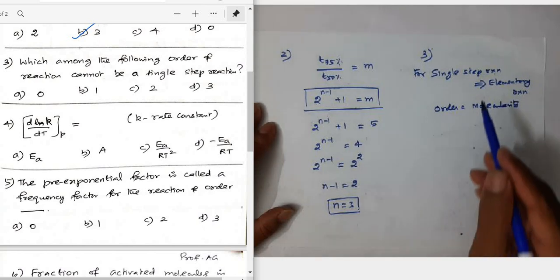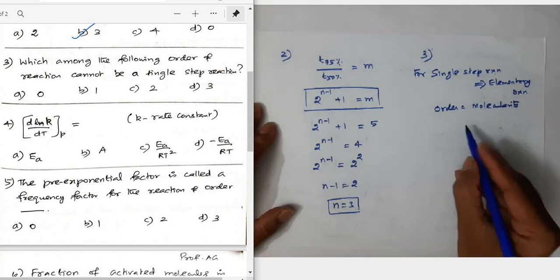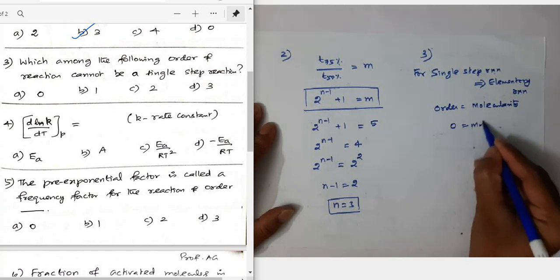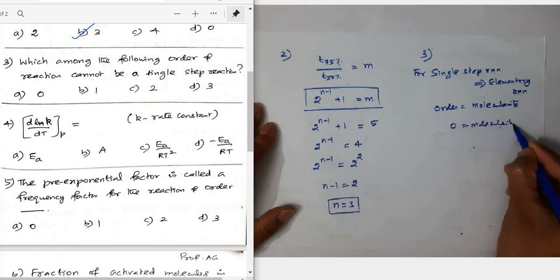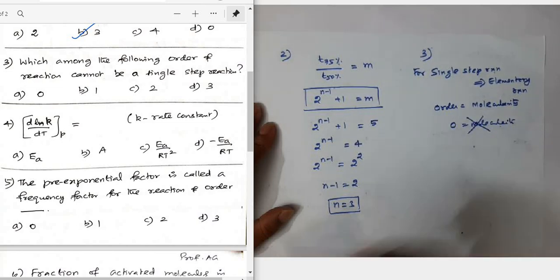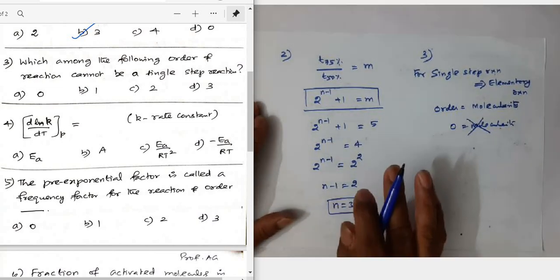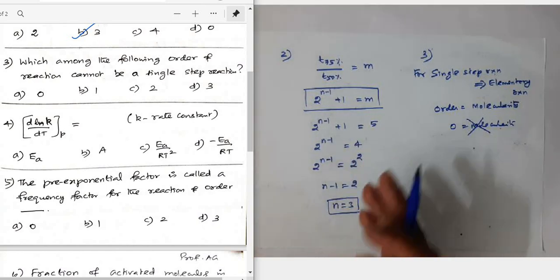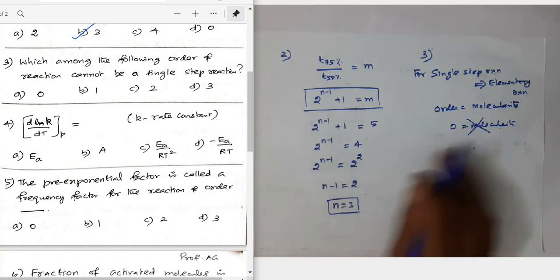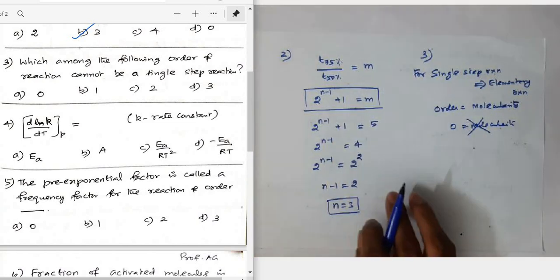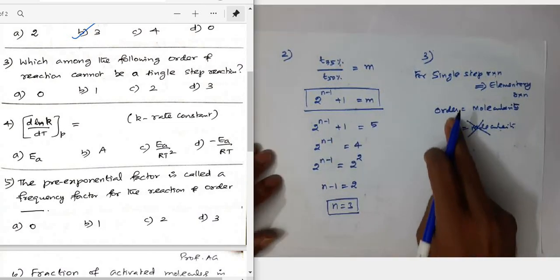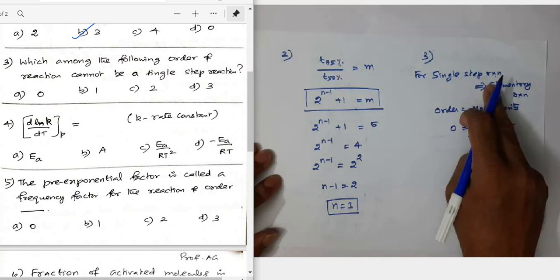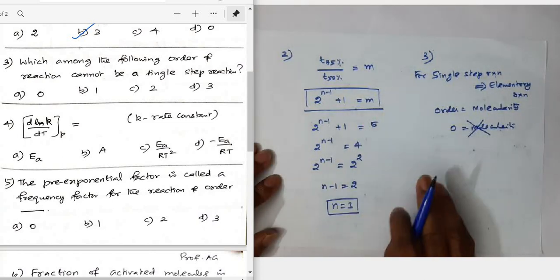Okay, so if it is a 0 order reaction, then molecularity become equal to 0. This is not possible. For any reaction, okay, some molecularity should be there, either 1 or 2 or 3, like that. Molecularity cannot be 0 for a reaction. Therefore, for 0 order reaction, single step reaction or elementary reaction is not possible.